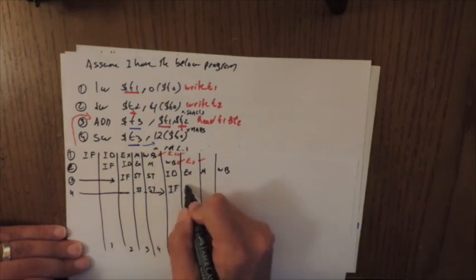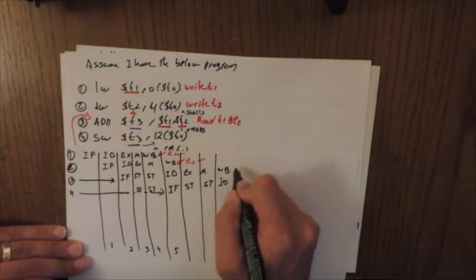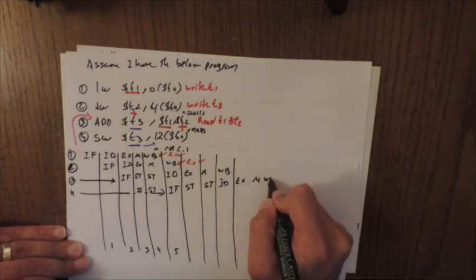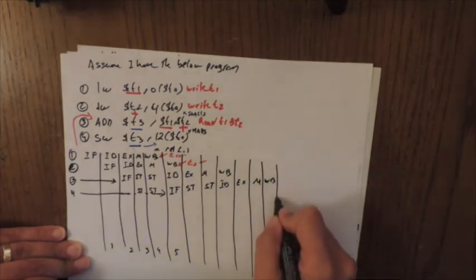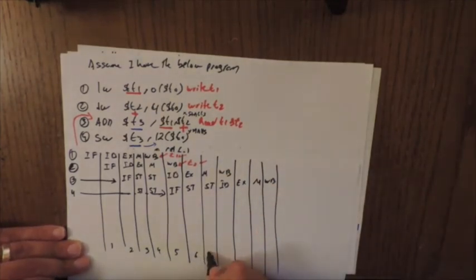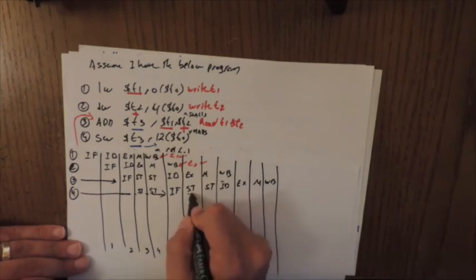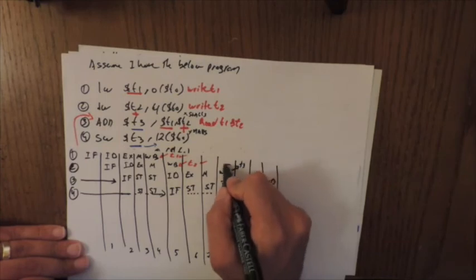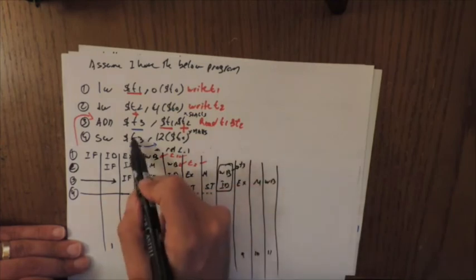IF, of course we're gonna stall, another stall, and then ID, EX, memory, and write back. So now this is 6, 7, 8, 9, 10, 11. So this is the fourth one. Notice here we added those two stalls because we need T3 and ID coincides with write back, and we notice here that with store it needs T3.